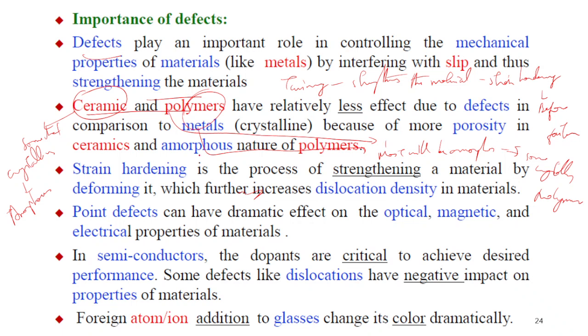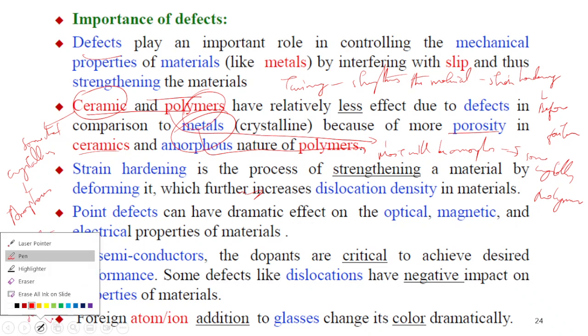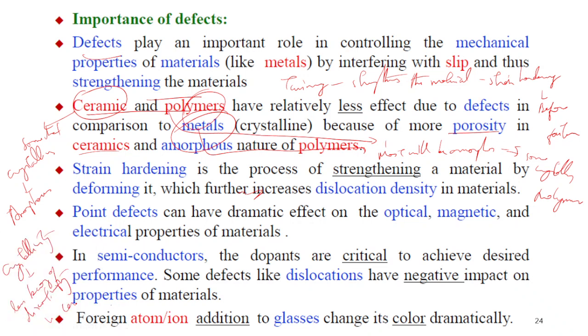So these sort of defects that we studied usually have a greater role on metals. Studying polymers is a completely different story. And since ceramics are more porous, they are discontinuous, so crystallinity is less because of discontinuity in ceramics.